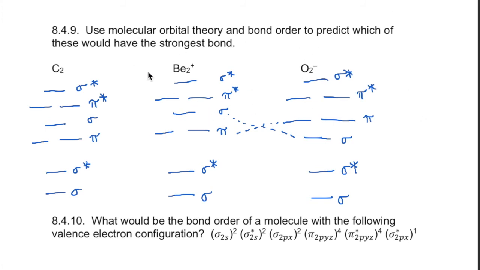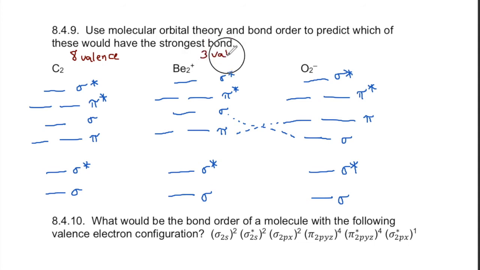Now I will count the number of electrons that have to go into these molecular orbitals. We'll count the valence electrons. Carbons each have 4 valence, so altogether a carbon-2 molecule that is not an ion would have 8. The beryllium each have 2, so it would be 4 for the molecule like we did before.